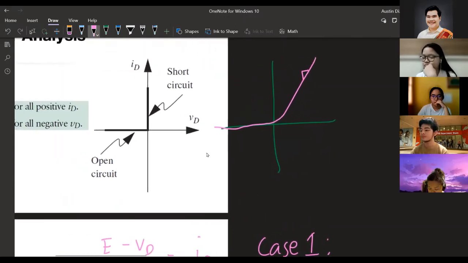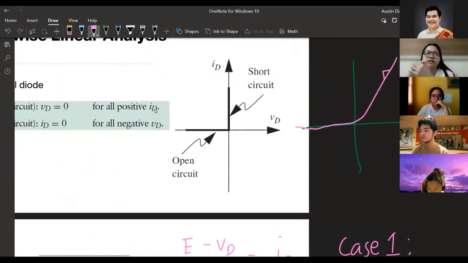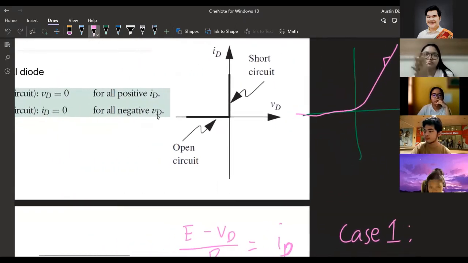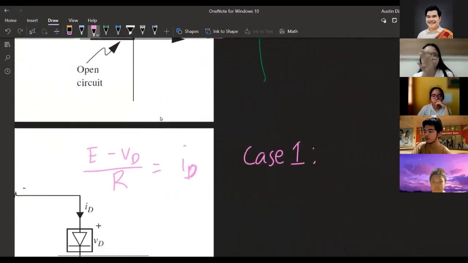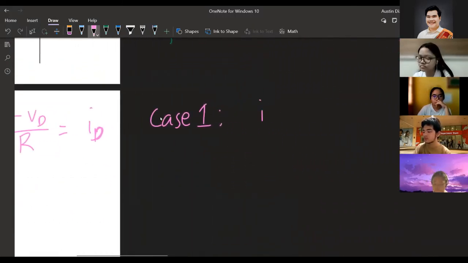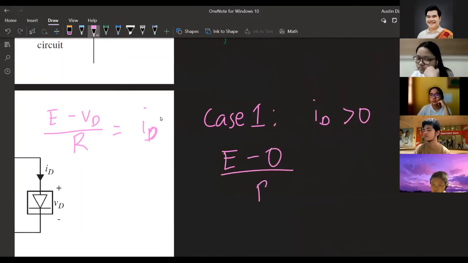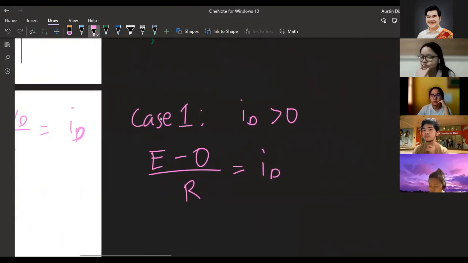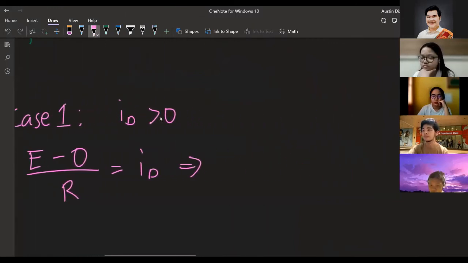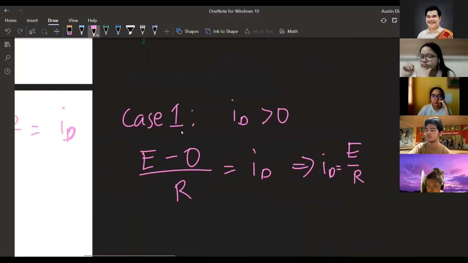Kapag positive si ID, ang VD mo would be 0. ID greater than 0. Ang mangyayari is that mawawala lang yung VD mo. Therefore, you have ID to be equal to E over R. E over R.